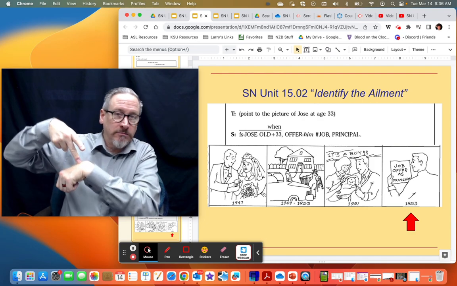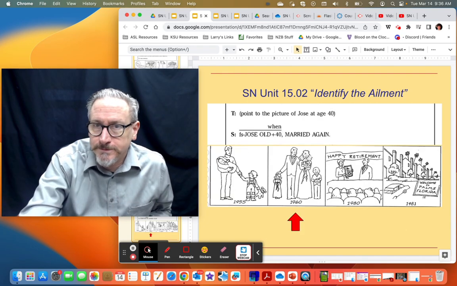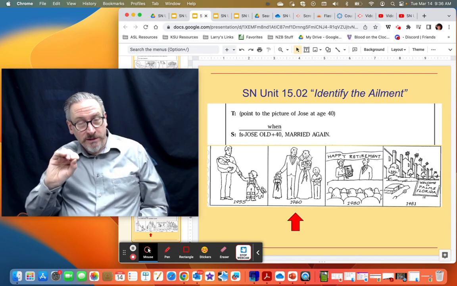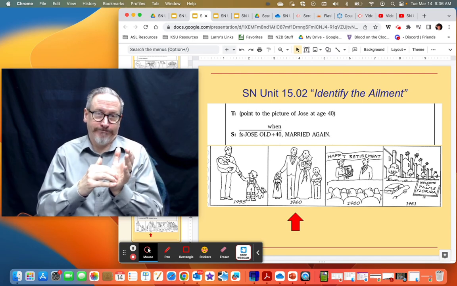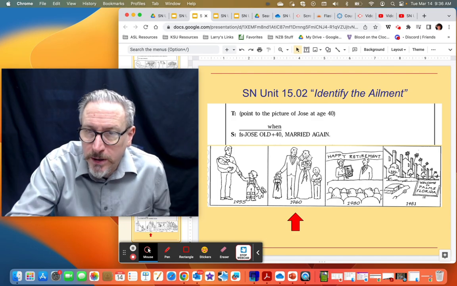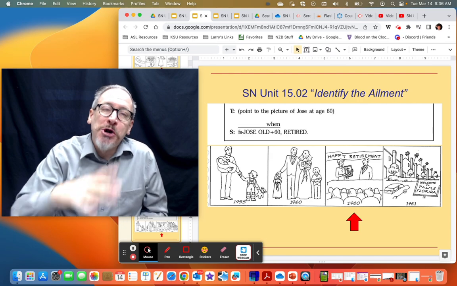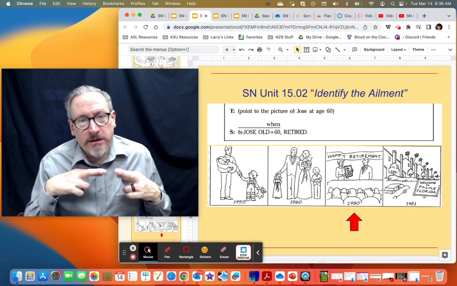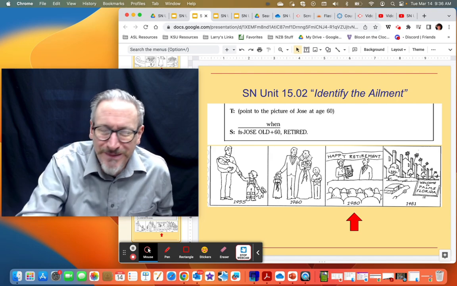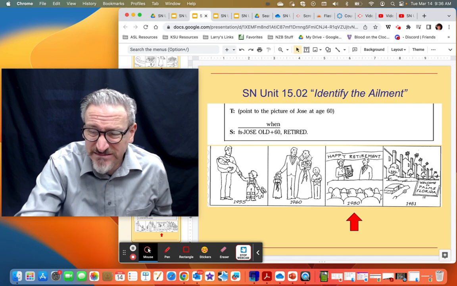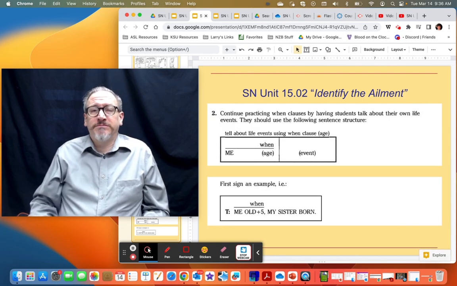That's a new idea, right? Again, these when clauses. Eyebrows up, blah, blah, blah. Retired. It's also signed for vacation, but we kind of get it when it's at 60. Wow.